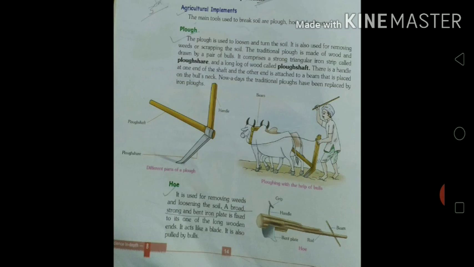The other end of the hoe has a beam which is put on the neck of the bullocks. Thus the hoe is also pulled by animals such as a pair of bullocks. The hoe is a kind of modified plow.